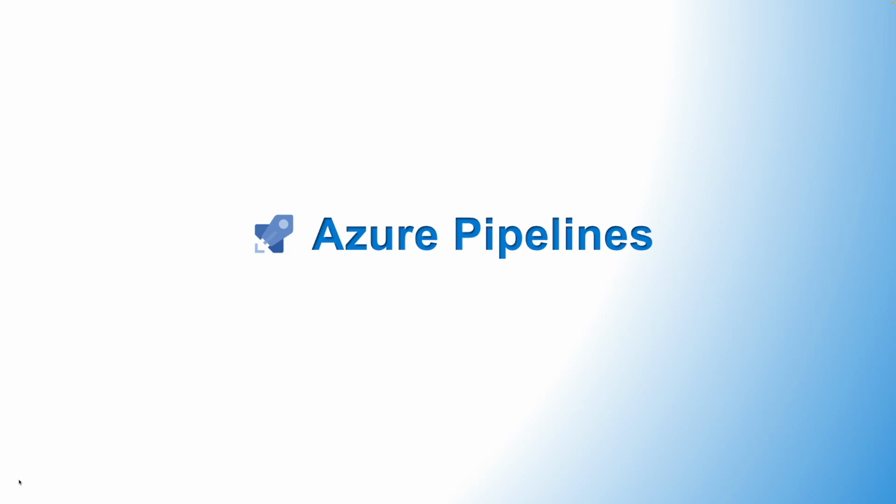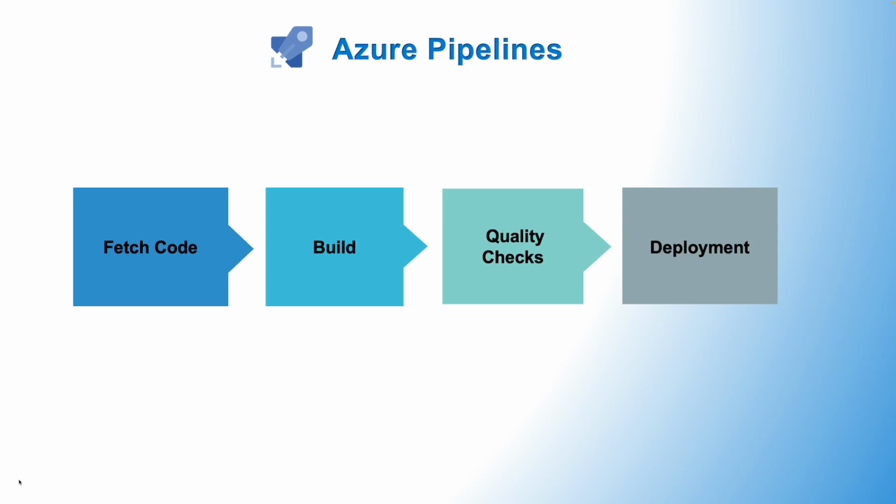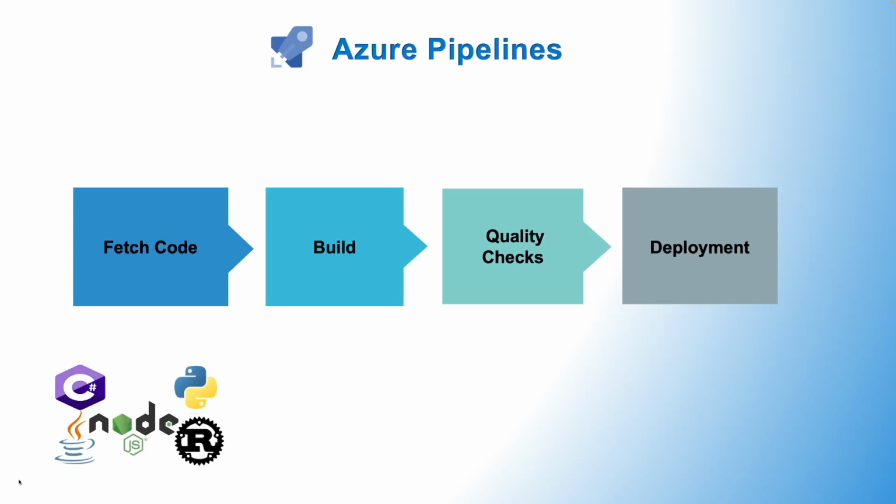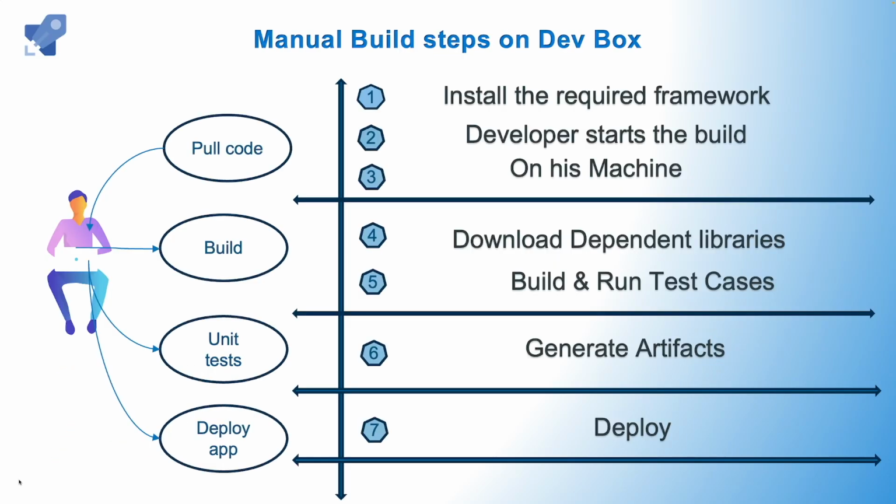Azure Pipelines. Azure Pipelines allows DevOps engineers to create CI/CD pipelines to automate builds, testing, and deployment of code. It supports all major languages, platforms, and clouds. Let's first check how a developer builds their code manually. All of these steps are executed by a developer on a machine.